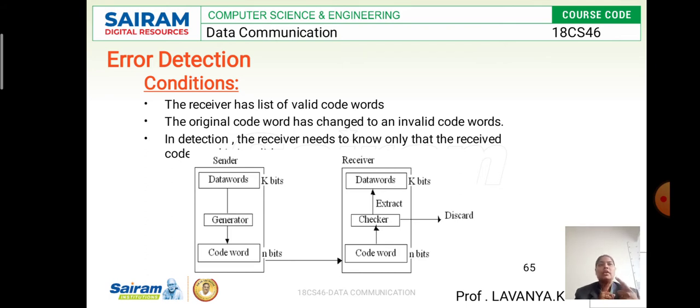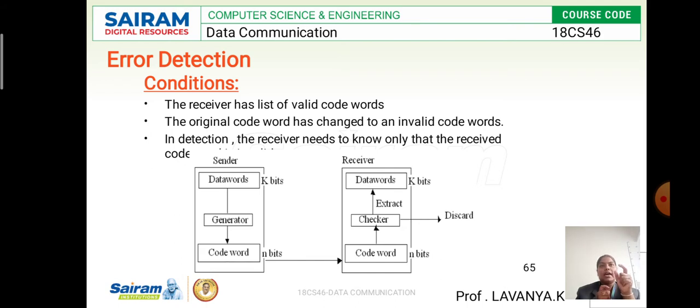Adding the redundancy bits to each block makes the length n equal to k plus r, that is, the data word along with the extra bits. The result, the n-bit block, we call the code word.